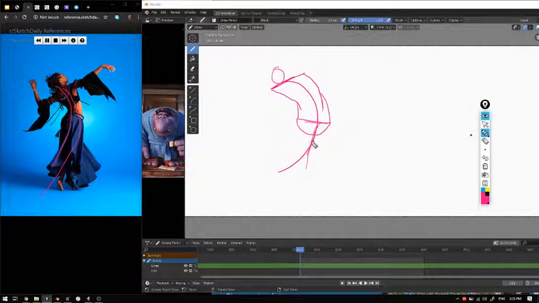So these legs are now, I probably shouldn't have deleted the other one, could compare. It's actually the back leg. This is the front leg.